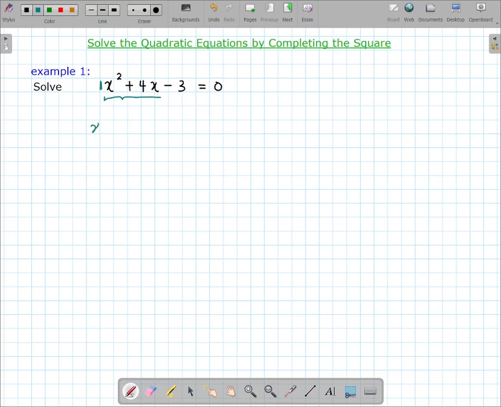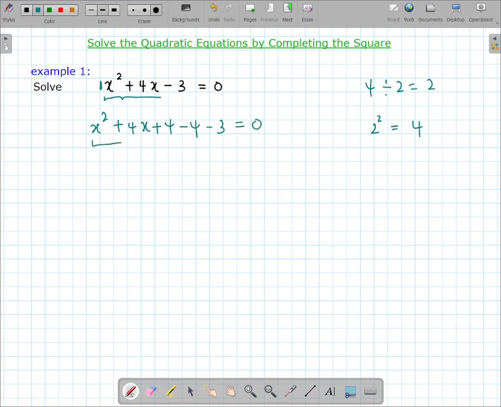So I write x squared plus 4x, then we take the linear term coefficient, that is 4, divided by 2, that is 2, square it, that is 4. Then add and minus that value, and the remaining value, minus 3, equals 0.